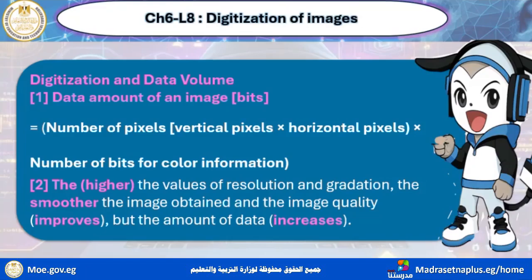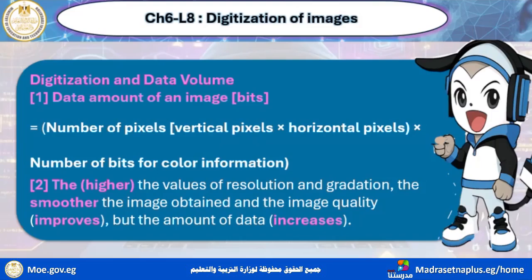Okay, so when we calculate the amount of image data, we should multiply the number of vertical pixels by horizontal pixels by the depth of color, which means the number of bits for color information.